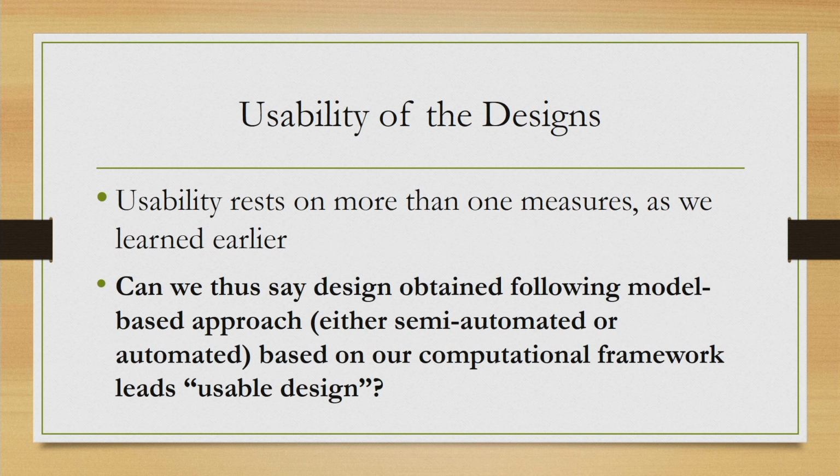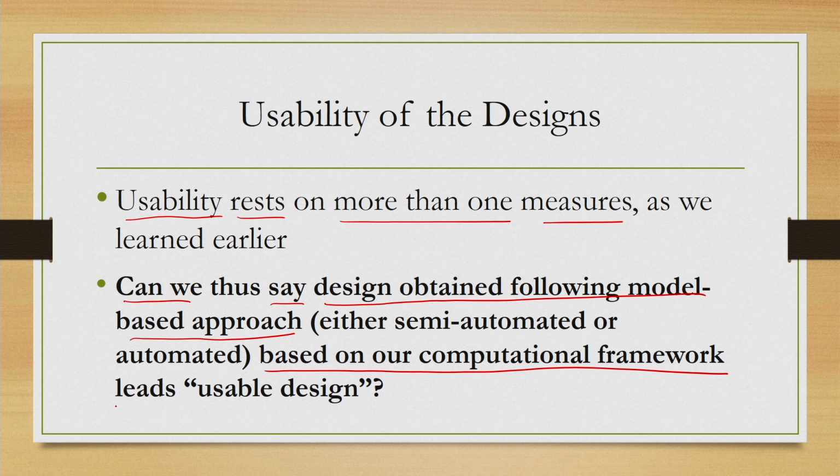Now, if we can recollect from our earlier discussion on usability, it is actually a concept that rests on more than one measure. So, the natural question to be asked at this stage is, can we say that the design that we have obtained following a model based approach, which relies on computing some performance measure based on our computational framework, leads to usable design?